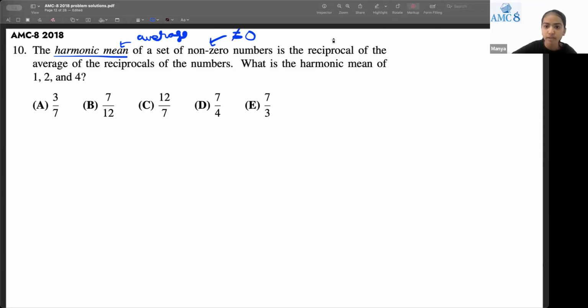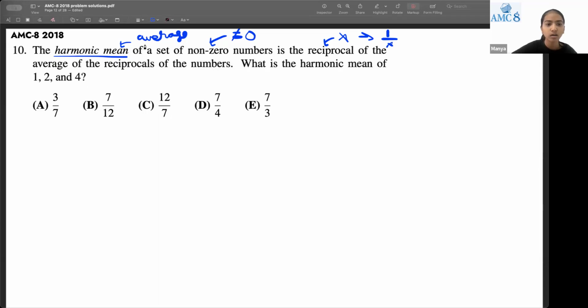Reciprocal means that if the number is equal to x, then the reciprocal is equal to 1 over x. So the reciprocal is just 1 over that number. And the average is the mean again.